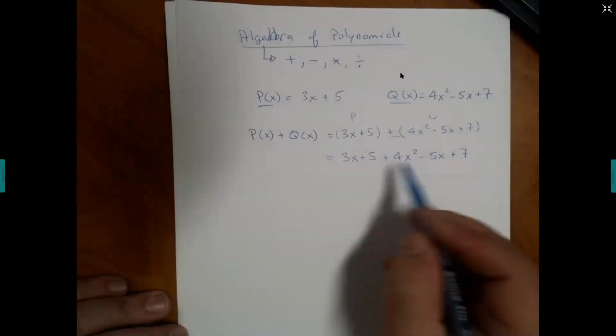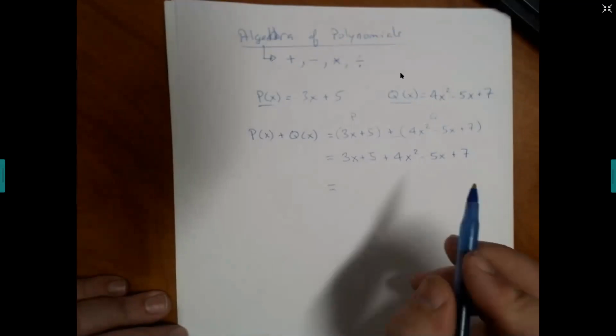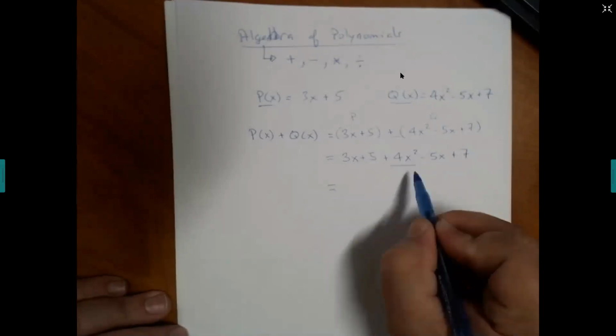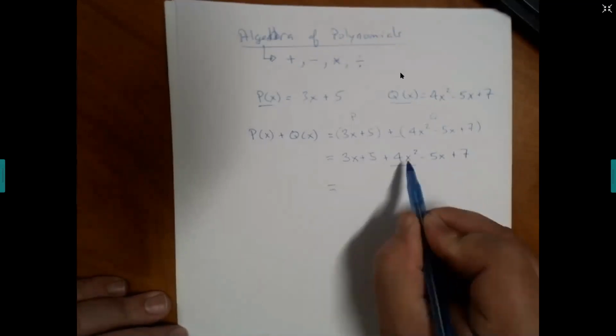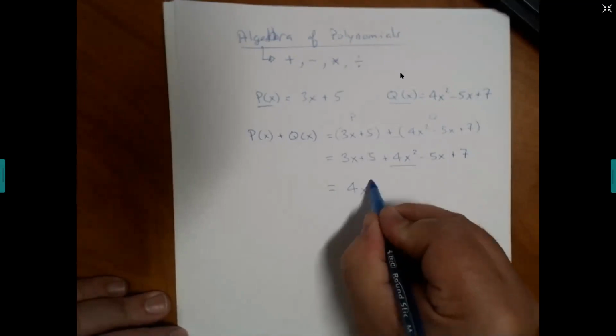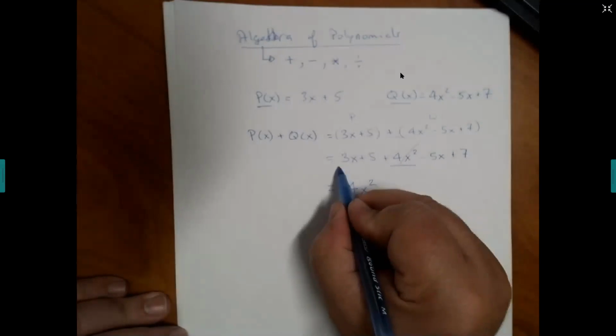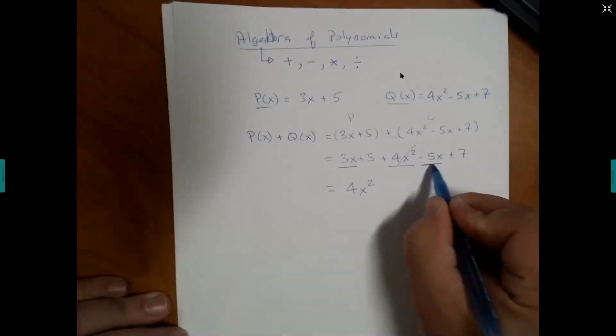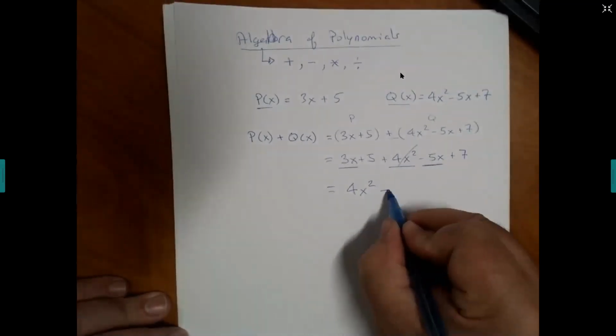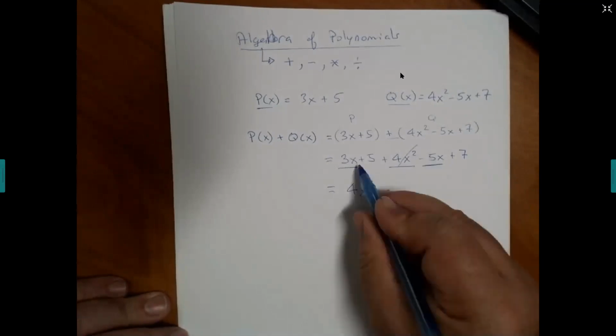Now I would just combine like terms. Start from the highest exponent. How many x squareds do we have? We just have that one. So it's 4x squared. Next, we have x's. There's 3 minus 5. 5 is bigger, so it's negative. 5 minus 3 is 2.